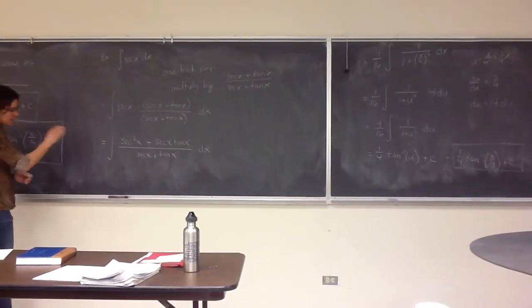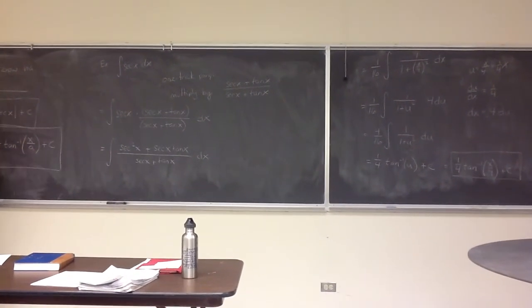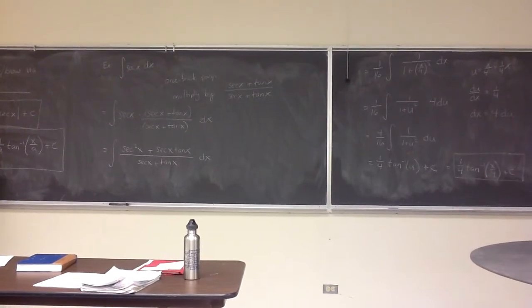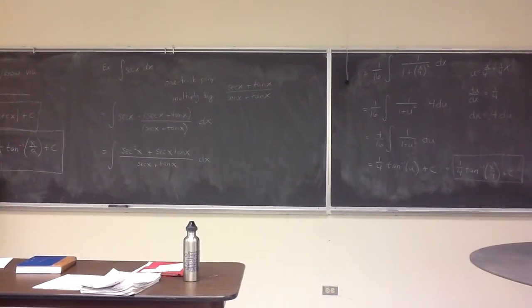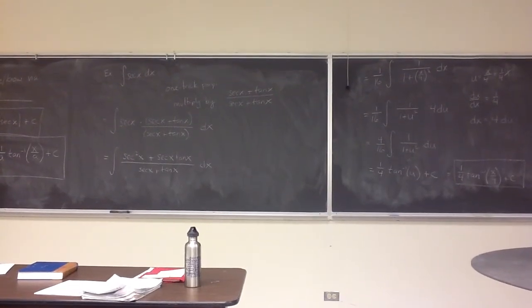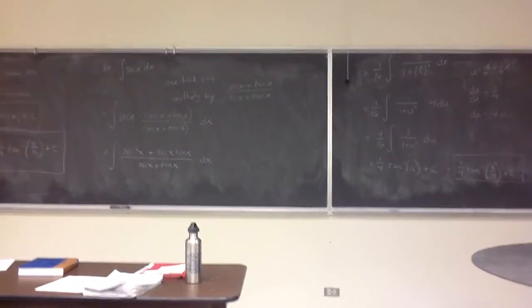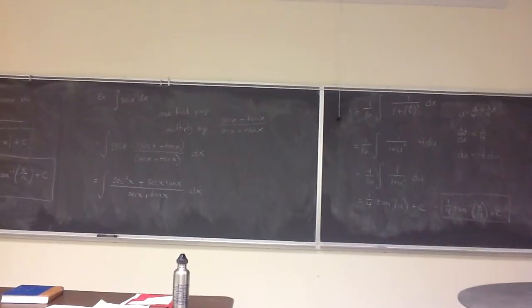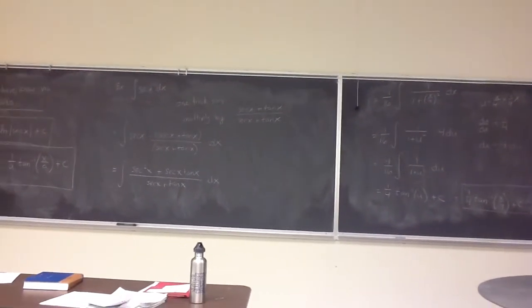When you're done writing this integral down, take a close look at it. Take a look at the top. Take a look at the bottom. If you look at the top and take its derivative in your head, do you get the bottom? Or vice versa?